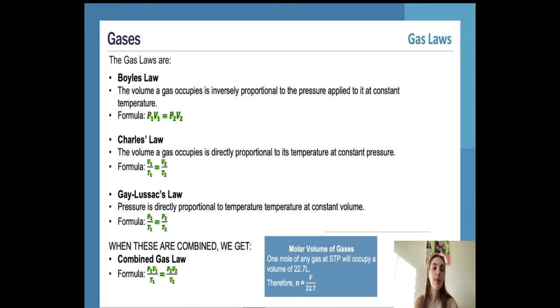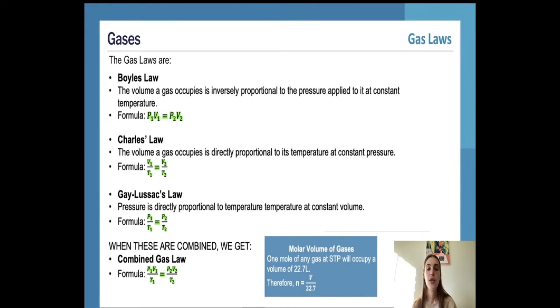And so this basically provides us with a combination of all of the above in order to determine a multitude of different variables. I would say this is one of the most common ones which you will use when considering the gas laws, because it encompasses so many different factors that affect the gases.